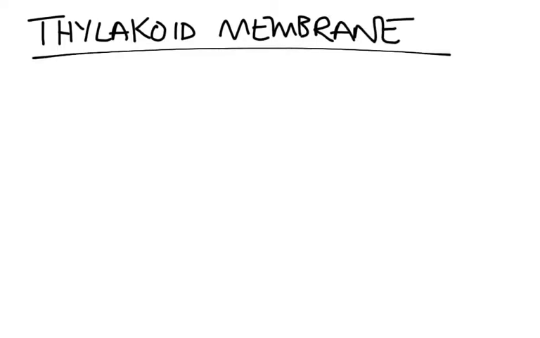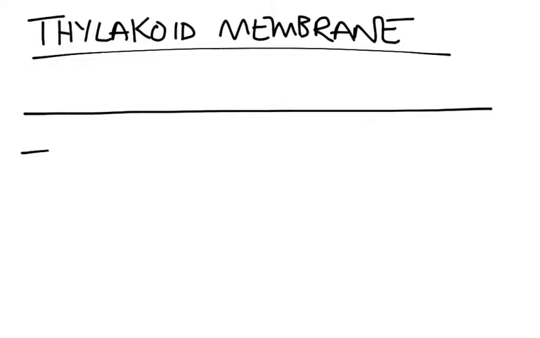And it's like other membranes. It has proteins embedded in it, proteins through it. It also has a phospholipid bilayer. And if we were to look at it, there's the membrane itself.